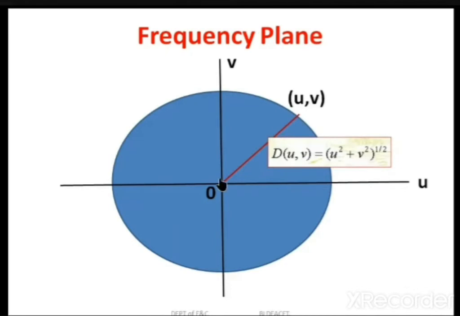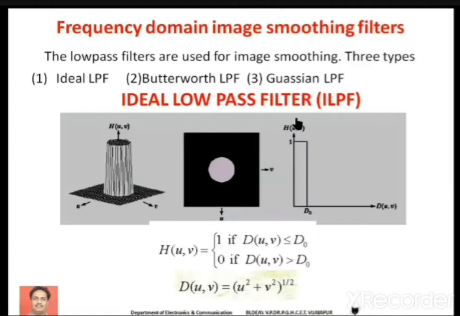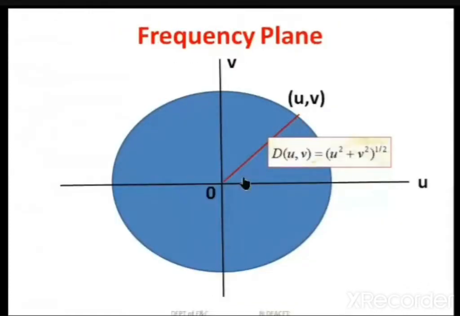From the origin to the point u comma v, if you want to calculate the distance, it can be calculated as D of u comma v equal to the square root of u square plus v square, because basically it's a circle equation we are applying.